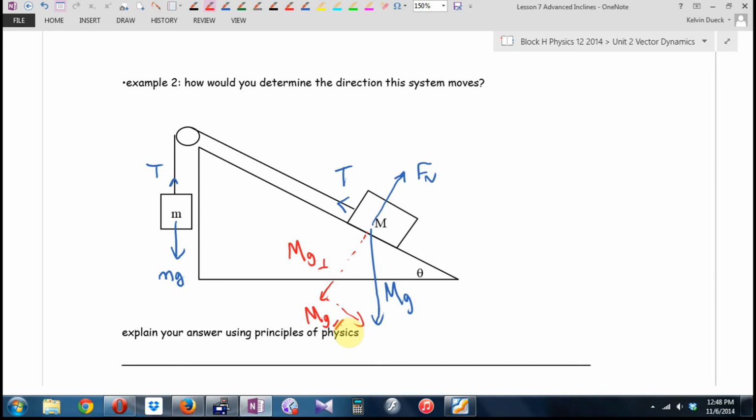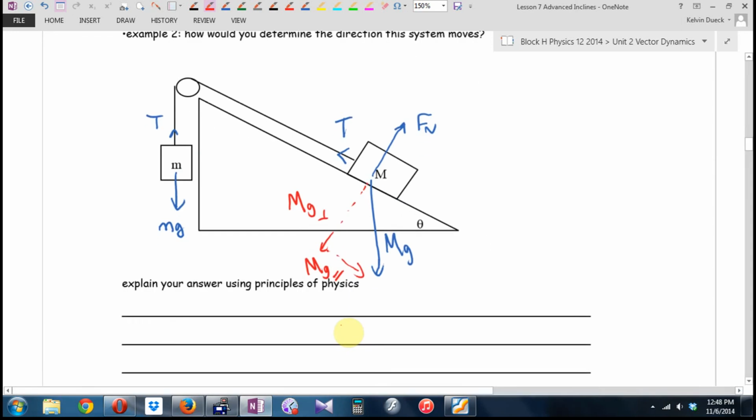If little mg is bigger, this is going to slide uphill. Friction would point downhill. If big mg parallel is bigger, it's going to slide downhill. Friction would point uphill, and little m would get lifted up. Except mg parallel, mg2 lines, what's a better way to write that? Okay, you know what? So explain your answer.